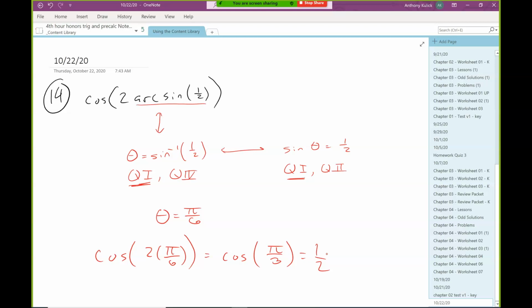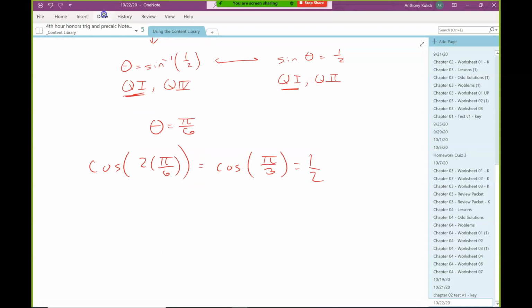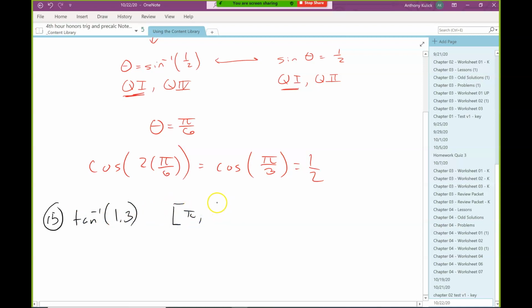So, okay. Teresa? Sure. 15 says tan inverse of 1.3, and I want my answer between pi and 3 pi over 2.